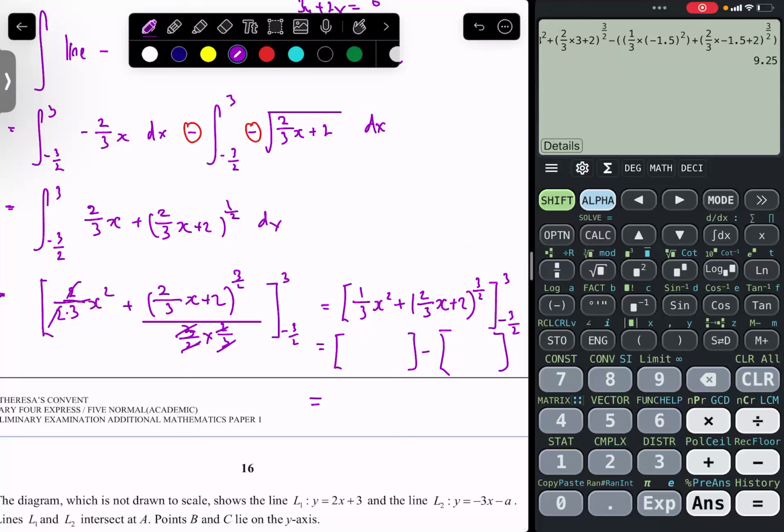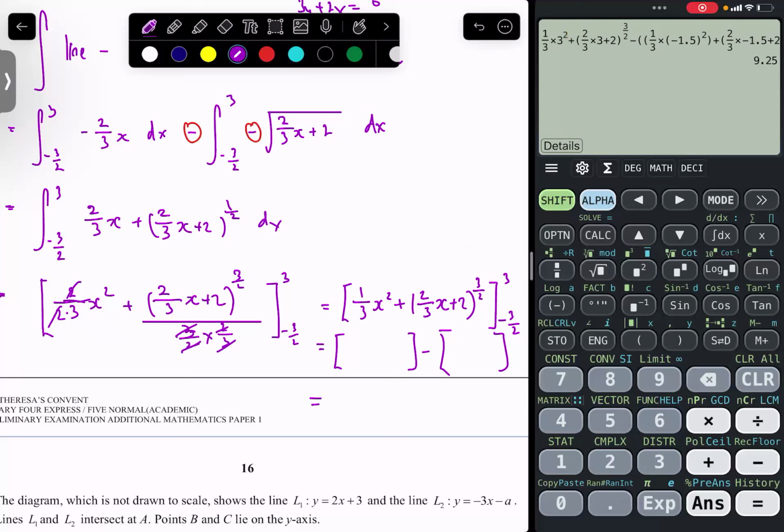It's 2/3 x plus 2. Oh, wait, this is 1/3 times 3 squared plus 2/3 times 3 plus 2.